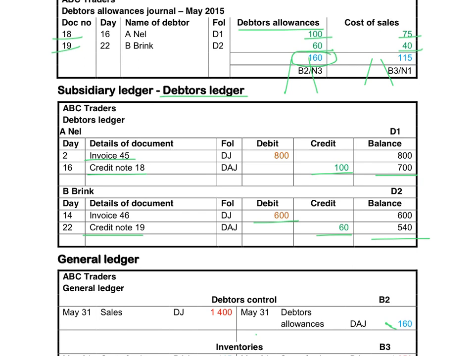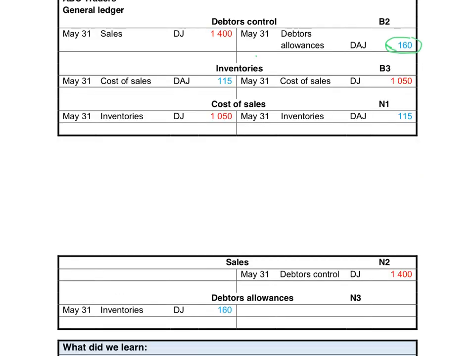That means the debtors return goods, so we have to credit the debtors with 160, and we will debit debtors allowances with 160 Rand. So we complete the double entry debiting the debtors allowances. That will reduce sales because this will be posted to the sales account transferred at the end of the year, and we credit the debtors to show that they owe less money.